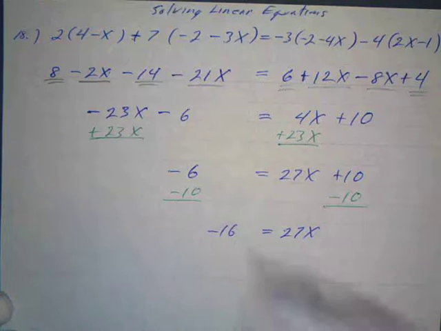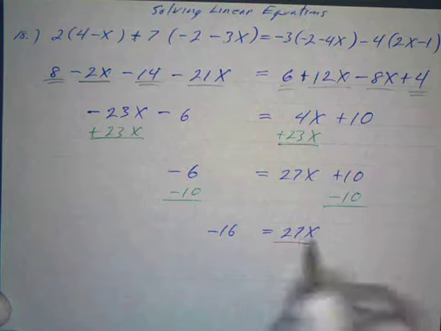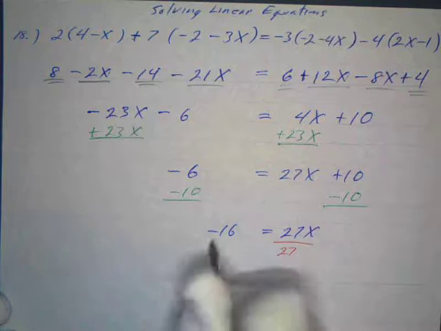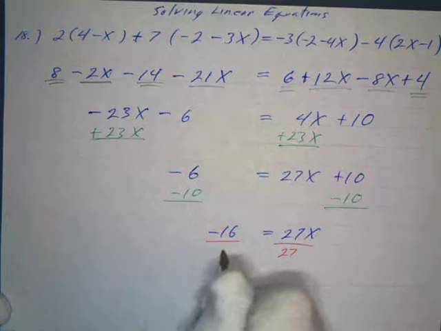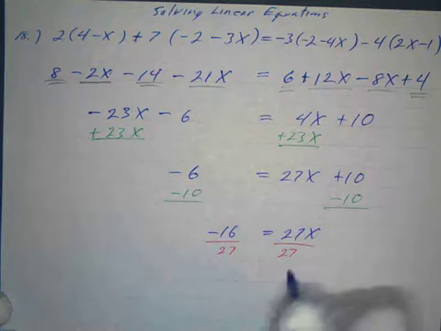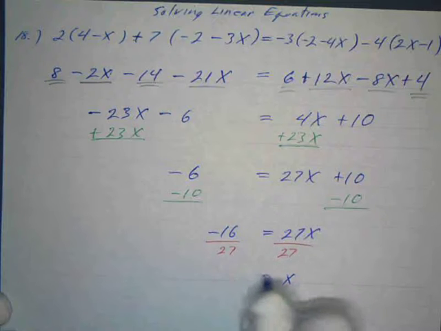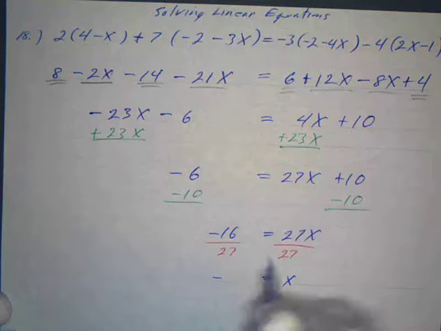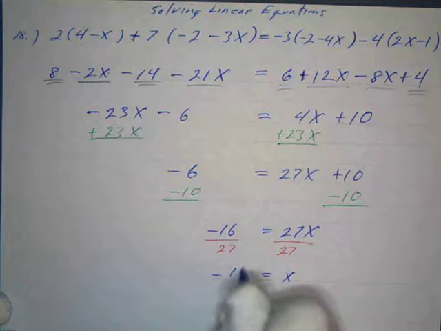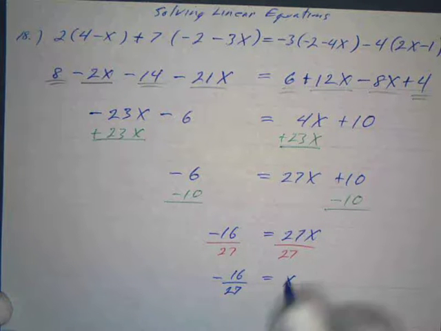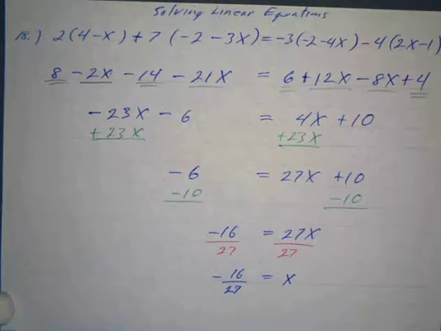And then if I divide both sides by 27, because the 27 is joined to the x by multiplication, the opposite of multiplication is division, I end up with x equals negative. There are no common factors. I can't reduce it, so just leave it as negative 16 over 27. And that's fine.